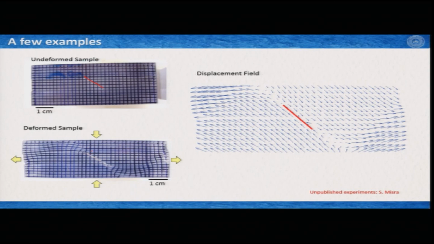As you can see along this cut, all the materials on the top side of this cut moved downwards. The material at the bottom of this cut moved upwards. And this is how we can interpret what the deformation was at the different points of this sample.